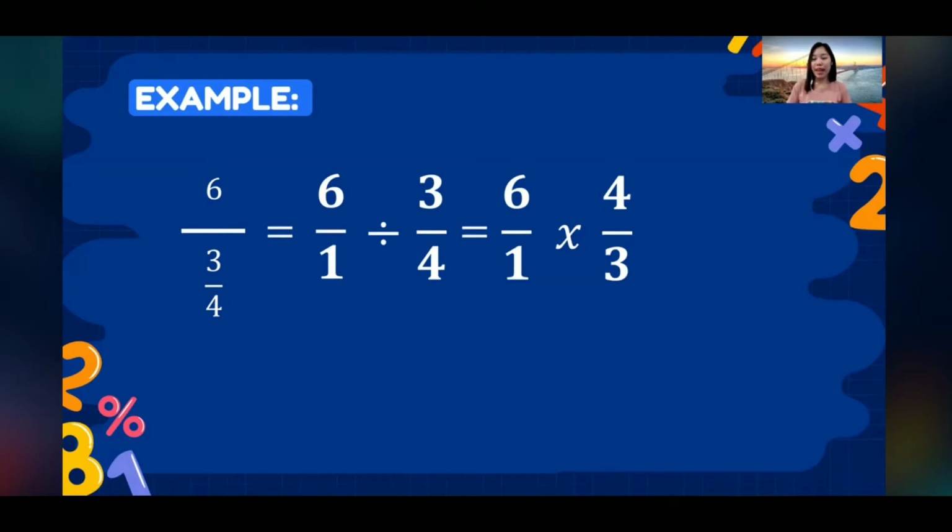Exactly. Multiply the numerator of the first fraction by the numerator of the second fraction. And then same goes in our denominator. So 6 times 4. 24, correct. How about 1 times 3? 3, correct. So we'll have 24/3.